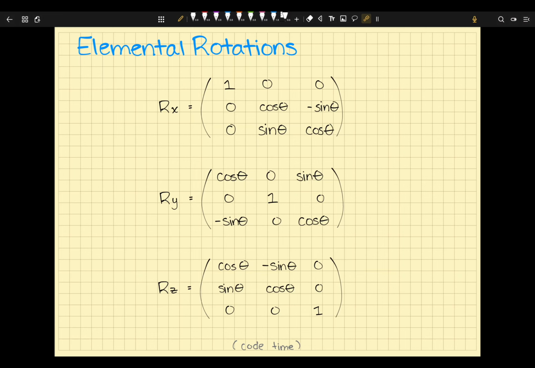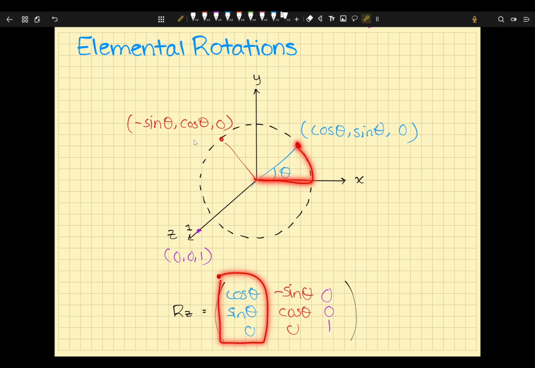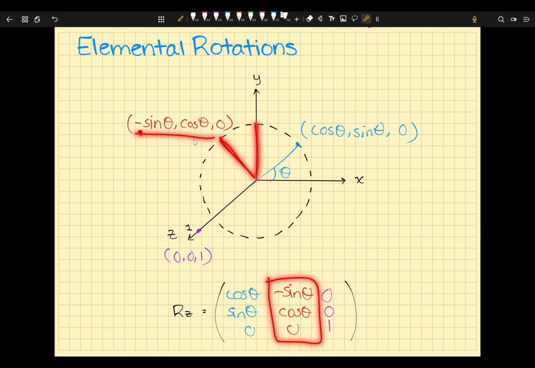So what I'm doing is I'm saying, I want the x-axis to go here. So then my first column is going to be the cosine theta, sine theta, 0. And then I say, well, I want my y-axis to go here. So my second column is going to be the negative sine theta, cosine theta, 0.